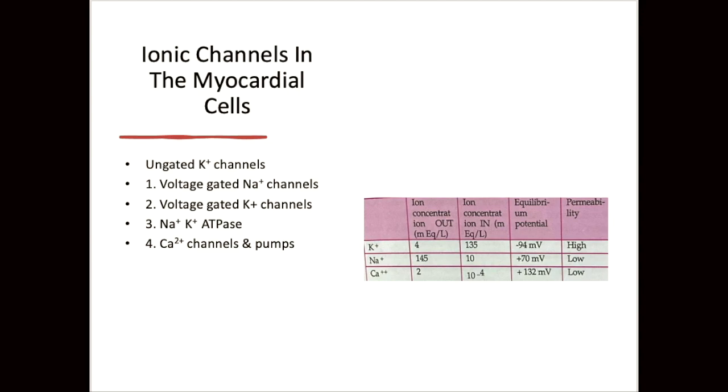So, what is the main point? Unless the membrane potential reaches minus 94 millivolts, an outward flux of potassium continues through the ungated potassium channels.